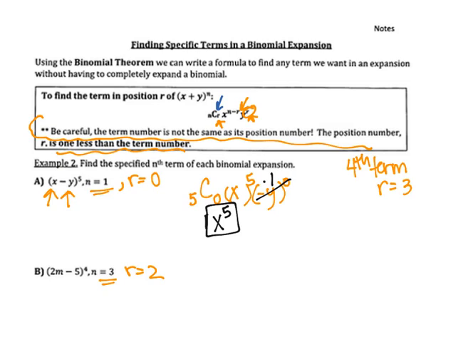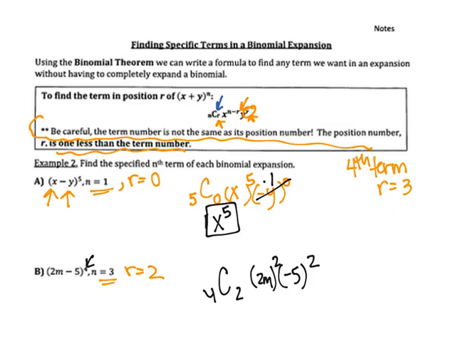Now that one was pretty easy. I could have done that without doing all of that tricky stuff. So here the 3rd term of a 4th degree binomial would be this 4C2. You're going to plug in 2m as the 1st term and negative 5 as the 2nd term. Remember your r is 2, and so 4 minus 2 is 2.